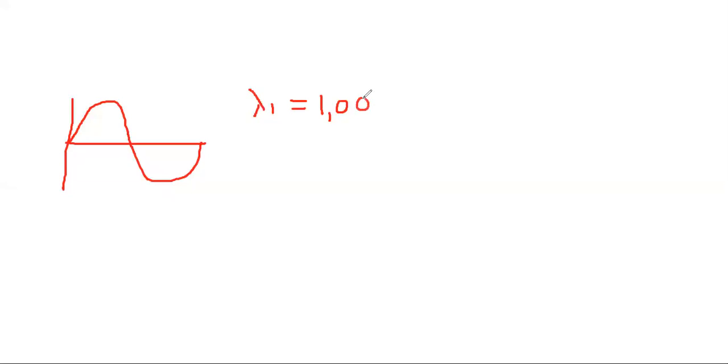Now the question here is that if this is your waveform, we have two cases. The first case, lambda 1, is 1000 kilometer, and this lambda 1 represents the frequency f1 of 300 hertz.